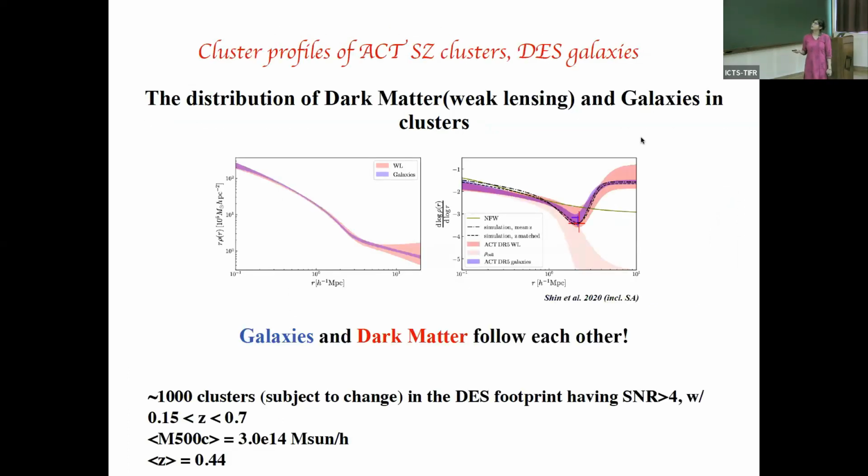More recently, we've been studying galaxy clusters from the ACT survey. Now we have much larger overlap, much larger sample of SZ selected clusters from ACT. So we have about 1,000 clusters from the ACT survey, and we are measuring the galaxy density distribution of the DES galaxies around these 1,000 ACT clusters that range from 0.15 to 0.7.